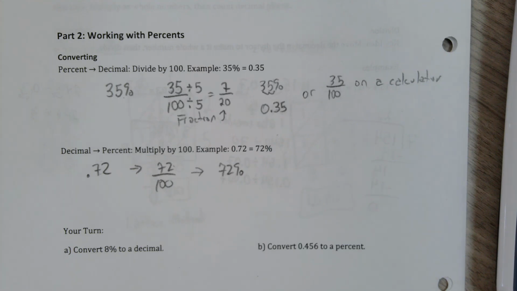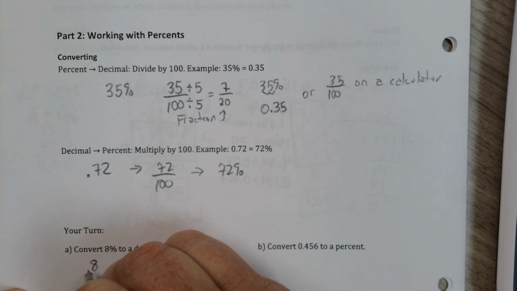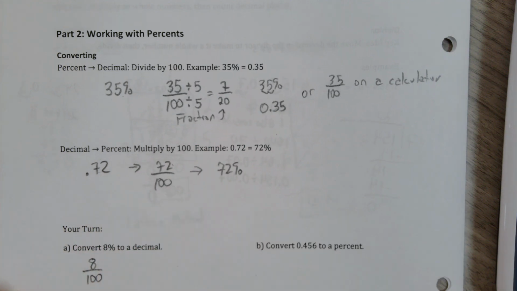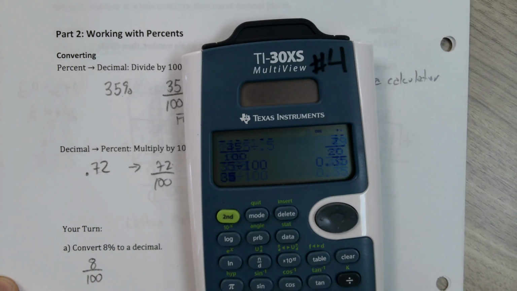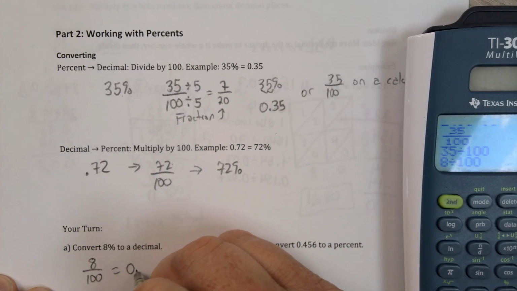All right, so hopefully we're done on this. This one is tricky. It's 8% or 8 per 100. Now, if you do 8 divided by 100, you get 0.08. And so I get a lot of answers of 0.8.